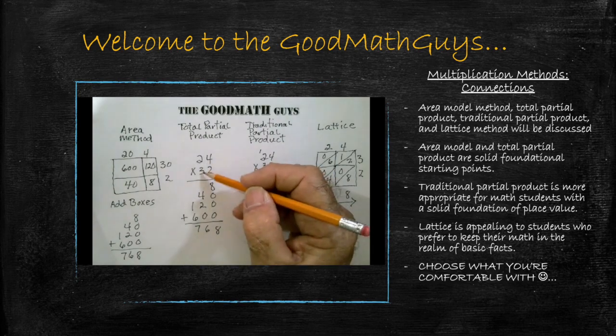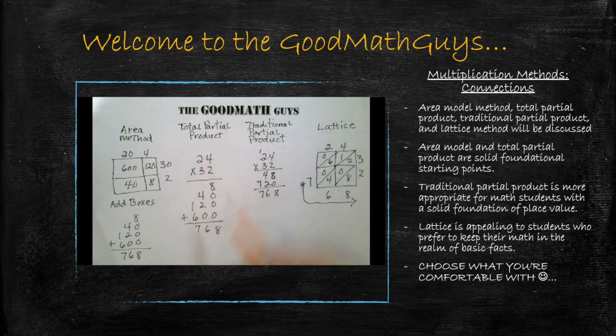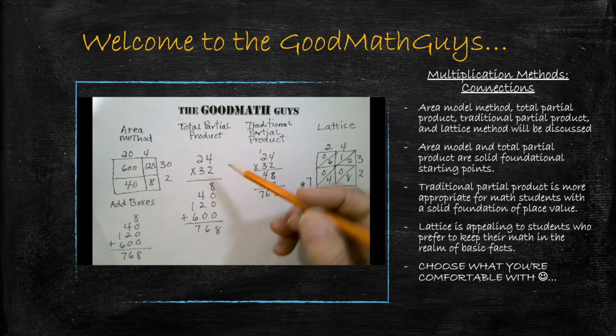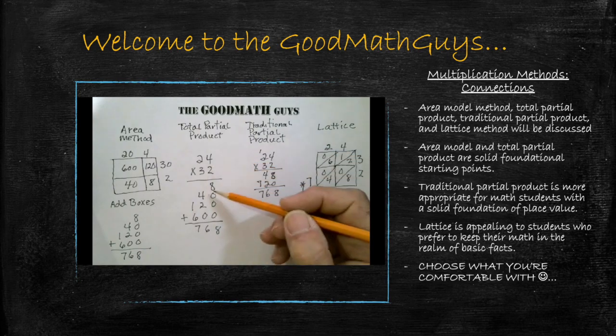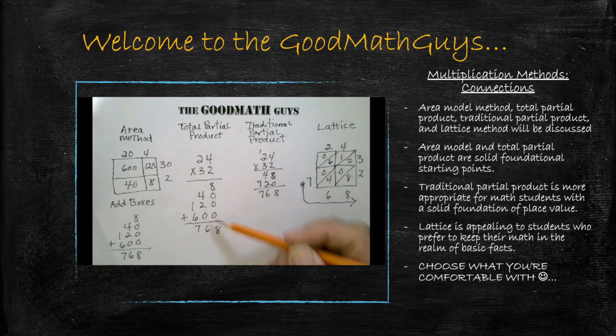And here we're multiplying 30 times 20, which is 600, which we've got right here. Very similar to what we did with the area method, but this is a bit more traditional. All we had to do then was add these four partial products up and come up with the same exact full product, which was 768.